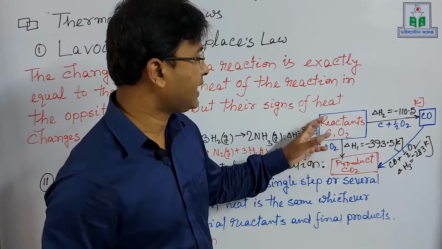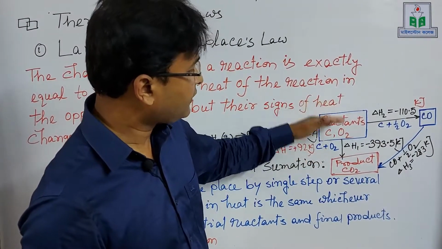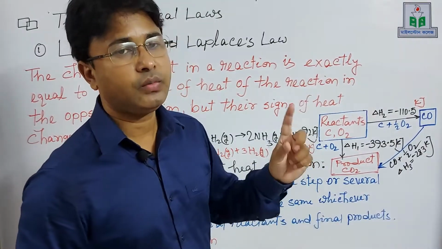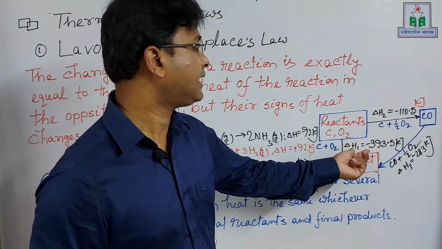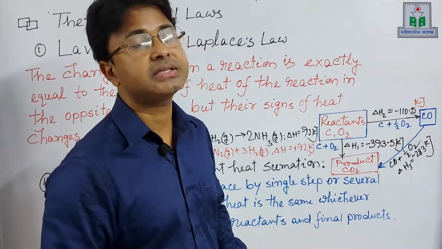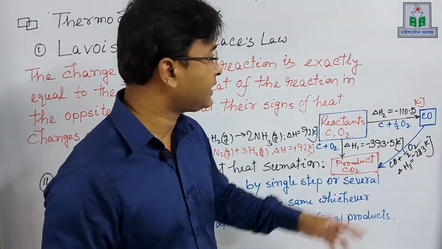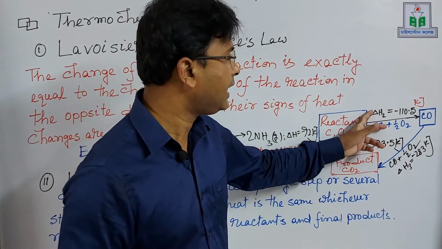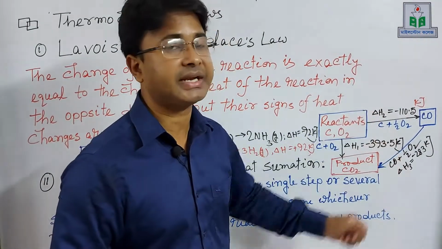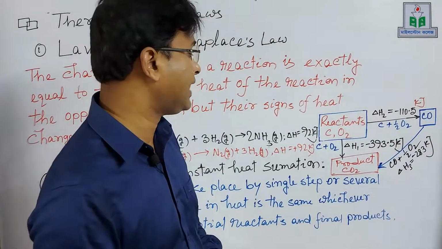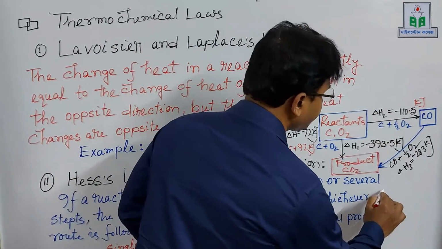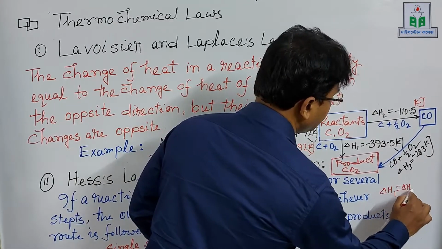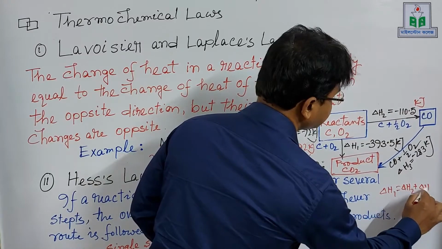Again, if carbon dioxide is produced directly in one step, the delta H value is minus 393.5 kilojoule, which is equal to the sum of delta H2 plus delta H3. Actually, delta H1 is equal to delta H2 plus delta H3.